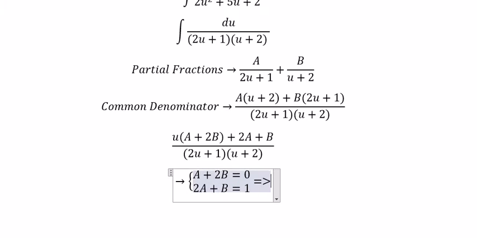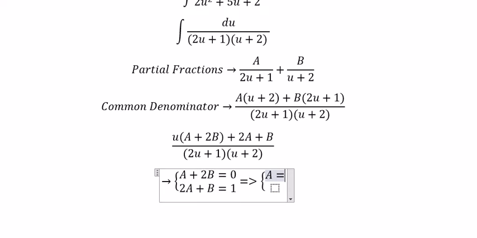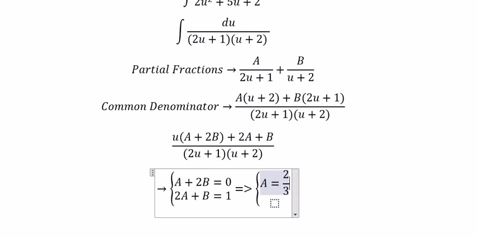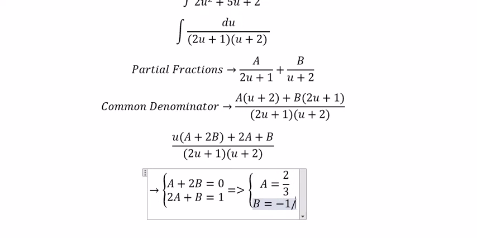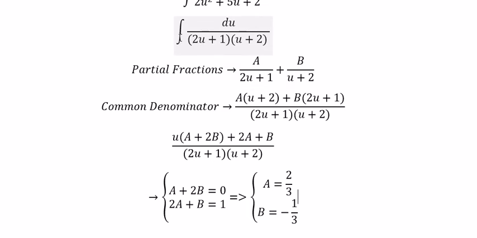So we solve 2 equations in here, and you got A equals 2 over 3, B equal to negative 1 over 3. So we put this one in here.